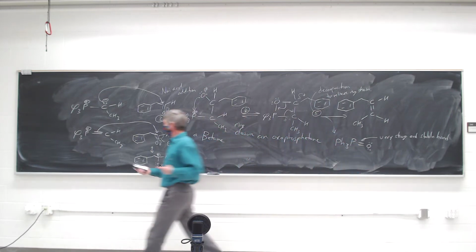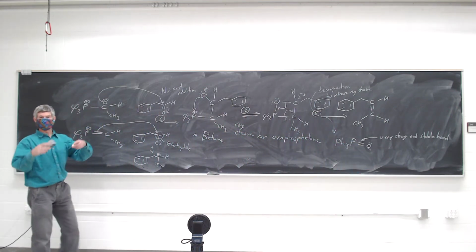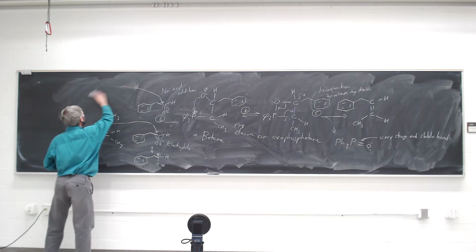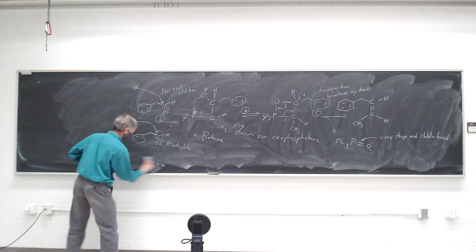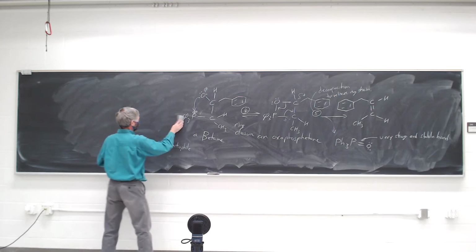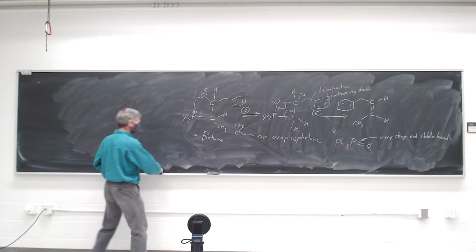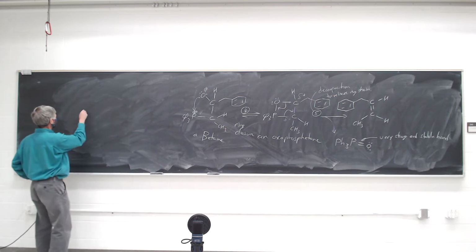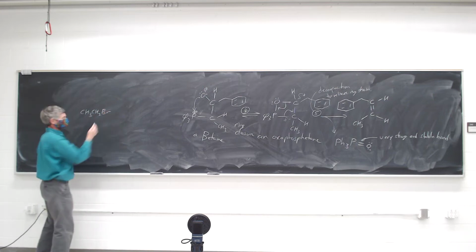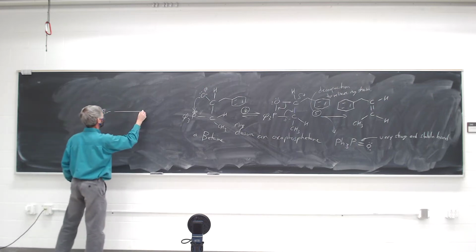So how would you write this out if you wanted to write it out as a synthesis? The challenge again is that the carbonyl compound is not actually involved in the first 2 steps. So the way you would write this out is you would start with the alkyl halide.